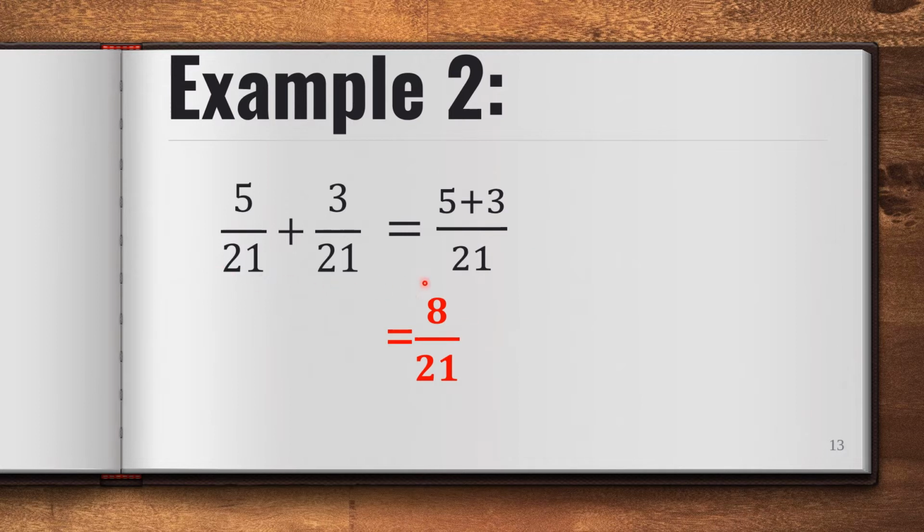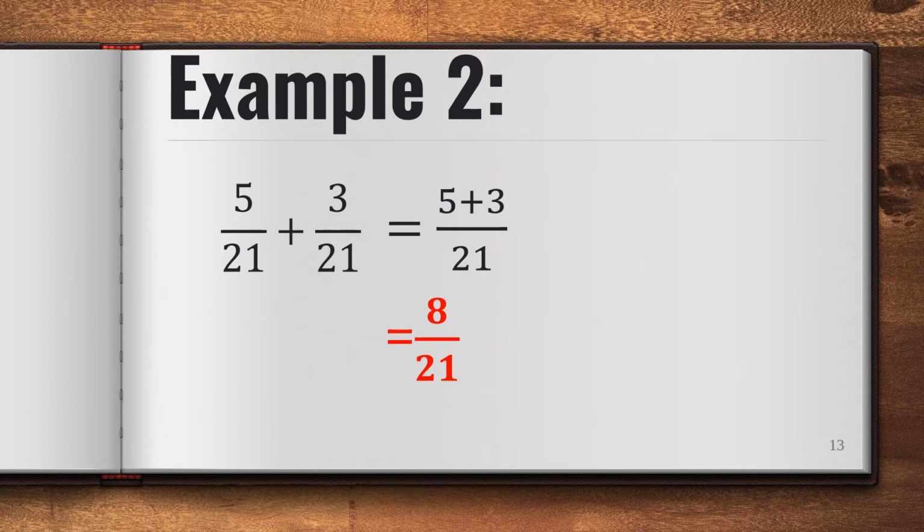And then we just copy the denominator. Again, do not add the denominators, okay? We just add the numerators and copy the denominator for addition and subtraction. I guess we are already clear with addition. We will now be moving on to subtraction.